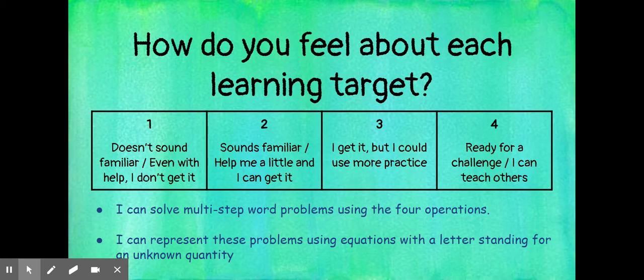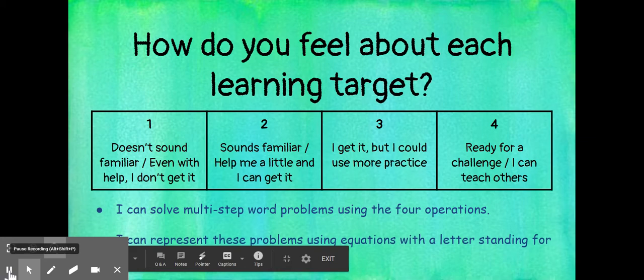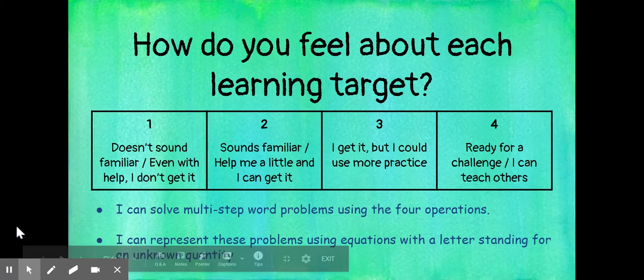On a scale from 1 to 4, 1 representing doesn't sound familiar, even with help, I don't get it. 2 representing sounds familiar, help me a little and I can get it. 3 representing I get it, but I could use more practice. And 4 representing ready for a challenge, I can teach others. Go ahead and think about each one of these learning targets and how you feel with them.